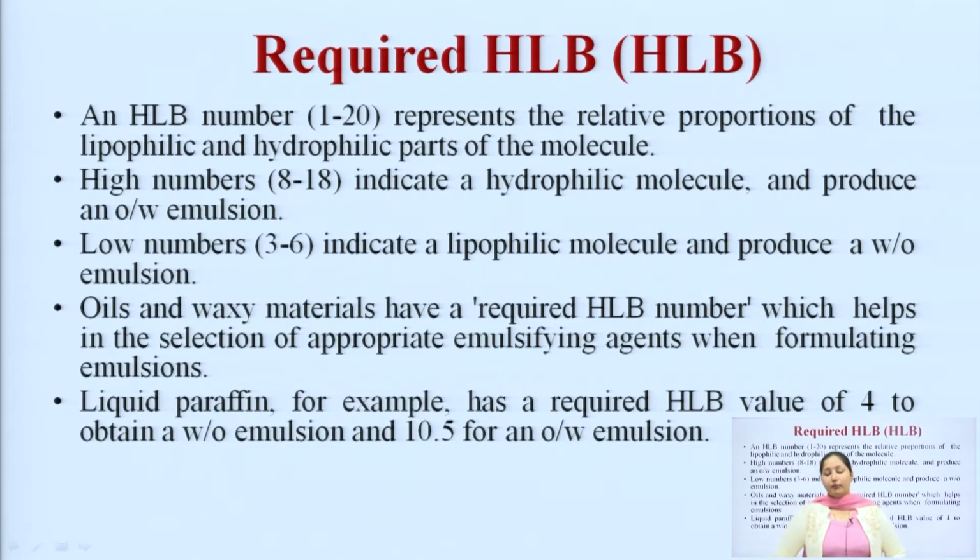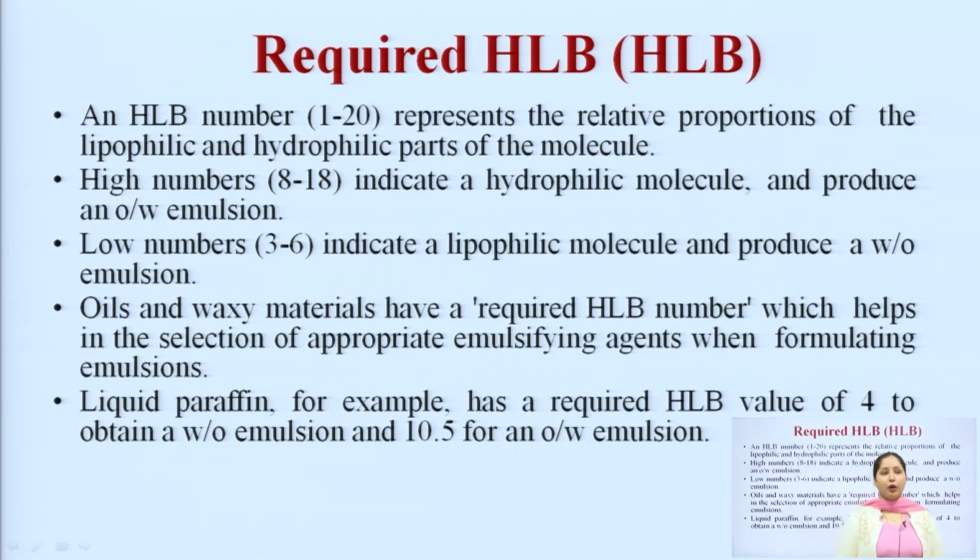Then an HLB number of 8 to 18 indicates hydrophilic molecules and produces an oil in water type of emulsion. So, if the HLB value lies between 8 and 18, your emulsifier is more hydrophilic in nature. So, what type of emulsion will be formed?